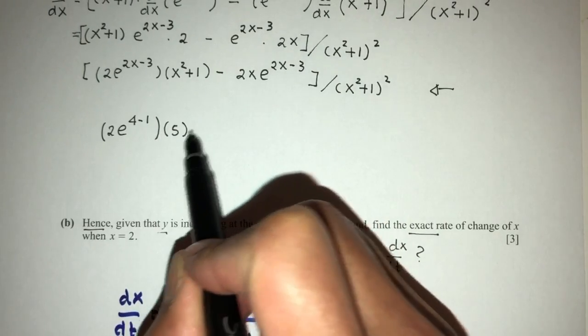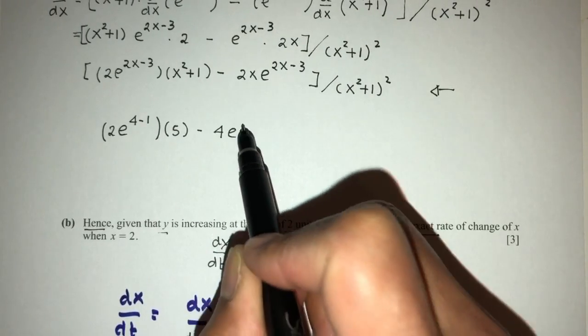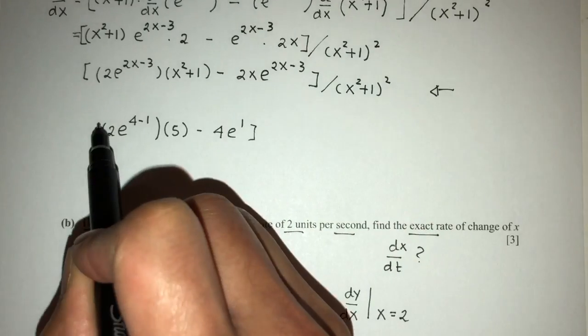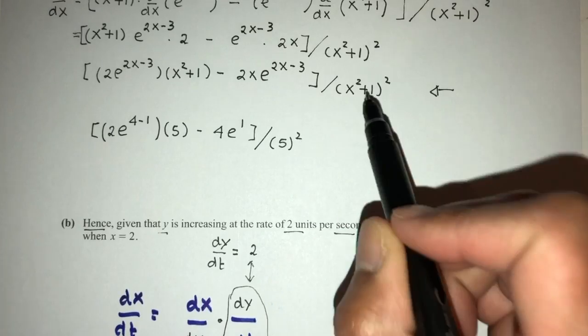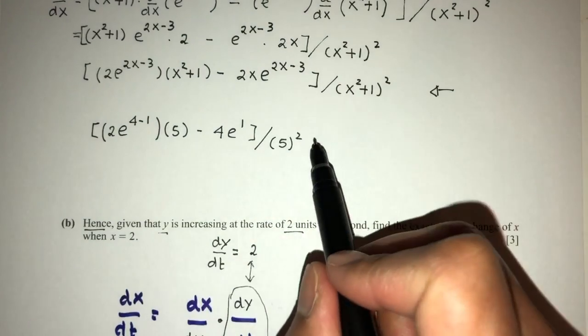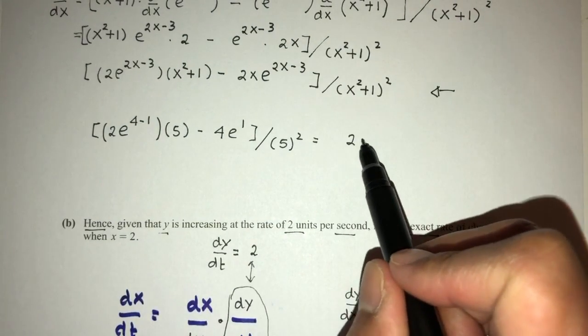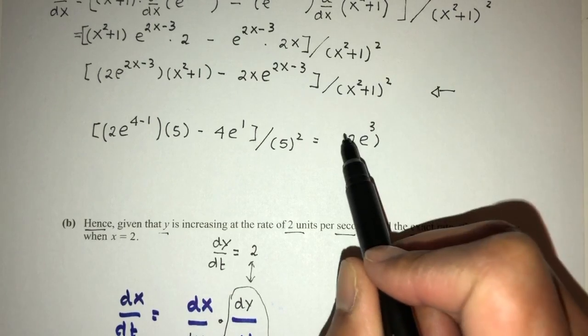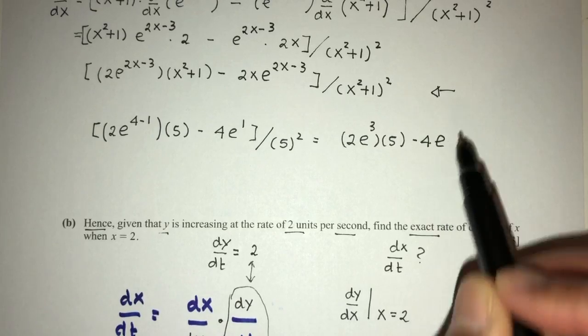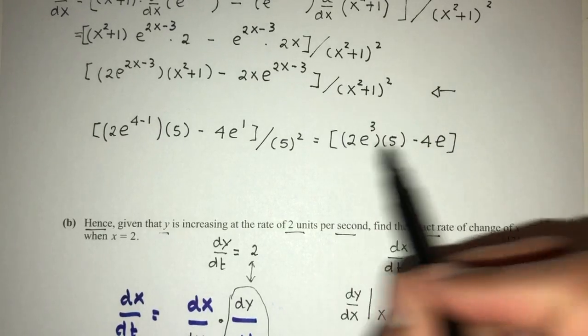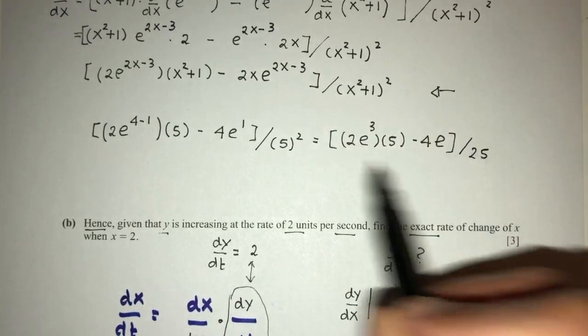That will be 5 minus 4 exponential 1, divided by 5 squared, that is 4 plus 1 is 5 squared. Simplify, that will be 2 exponential 3 times 5 minus 4 exponential, divided by 25. Now simplify.